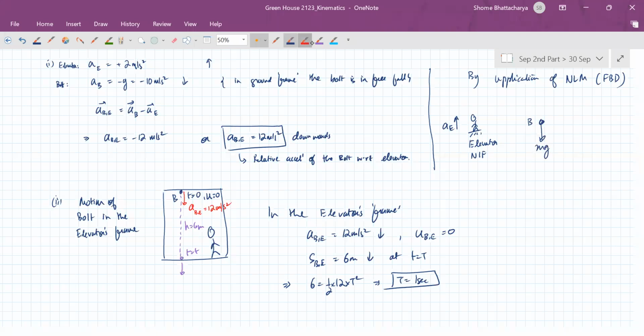It also experiences pseudo force. Therefore, in this frame, it has an acceleration.